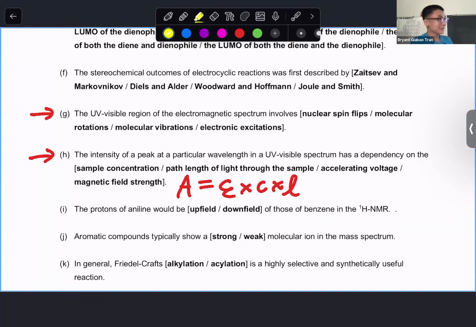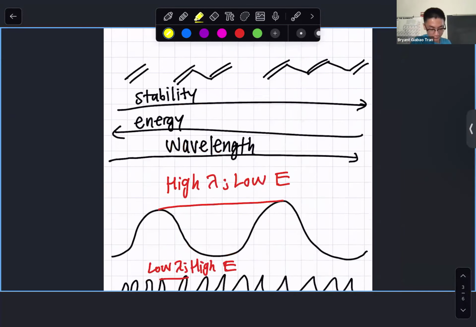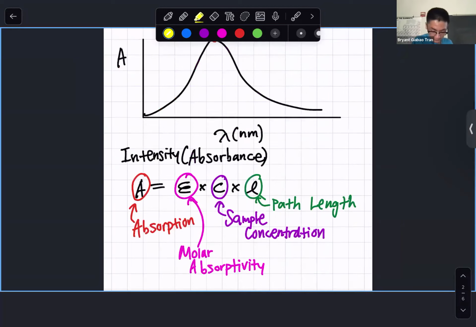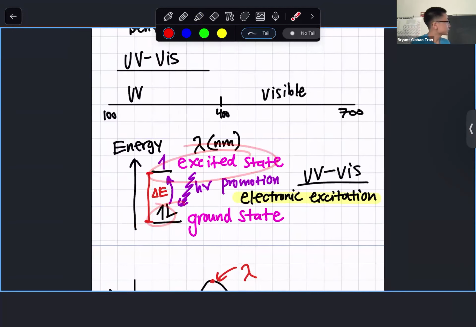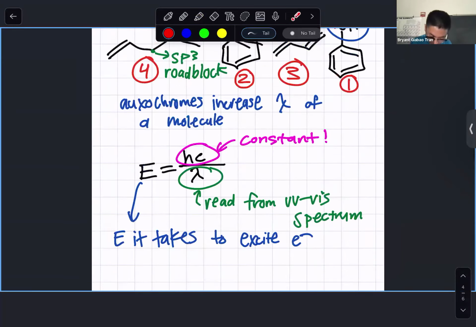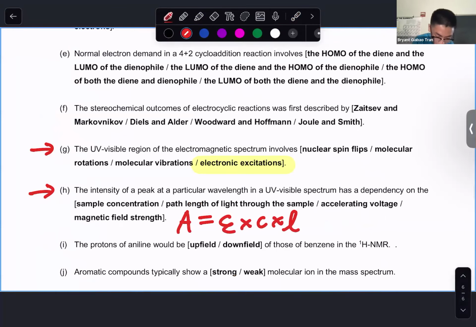So in UV Viz, we are exciting electrons. So I think the answer here would be electronic excitations, where we shine light to give it energy and excite the electrons from the ground state to the excited state. The other ones here, nuclear spin flips: let's say we have electrons around like that, and we shine a magnet through it.